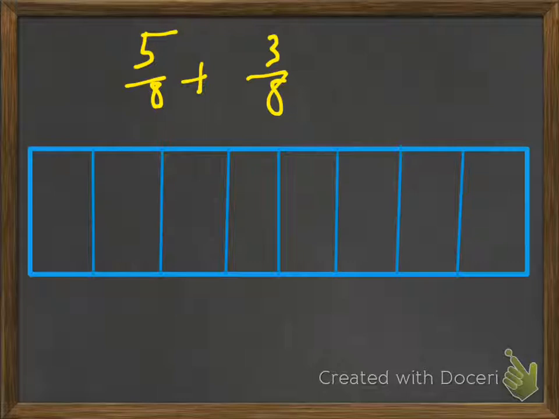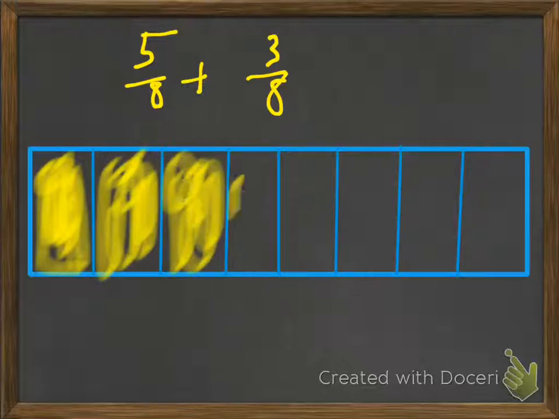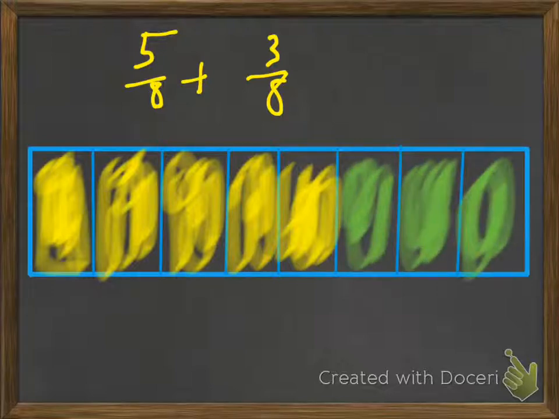We can use 5/8, so we know 5/8 is 1, 2, 3, 4, 5, and then we can go ahead and add up the 3/8: 1, 2, 3.